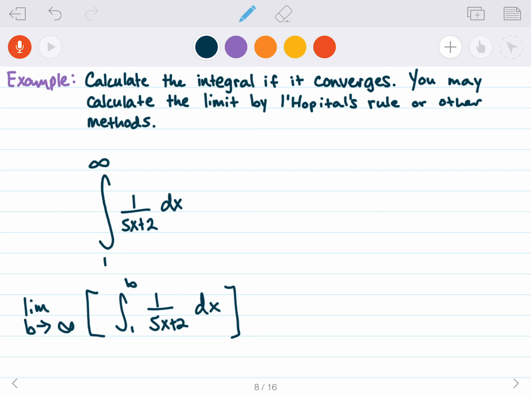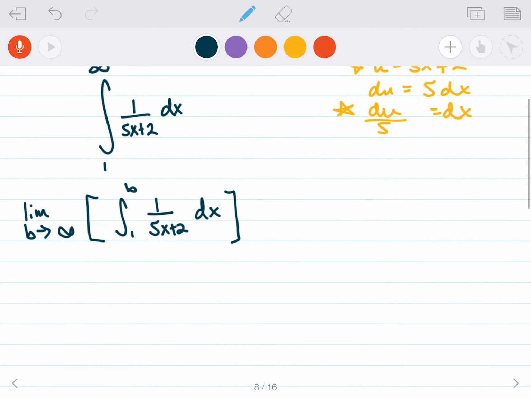I think a u substitution is easy here. Let's do that off to the side. So we're going to let u equal 5x plus 2, and therefore du is equal to 5dx, and dx is equal to du over 5. All right, so let's go ahead and make those substitutions in here.